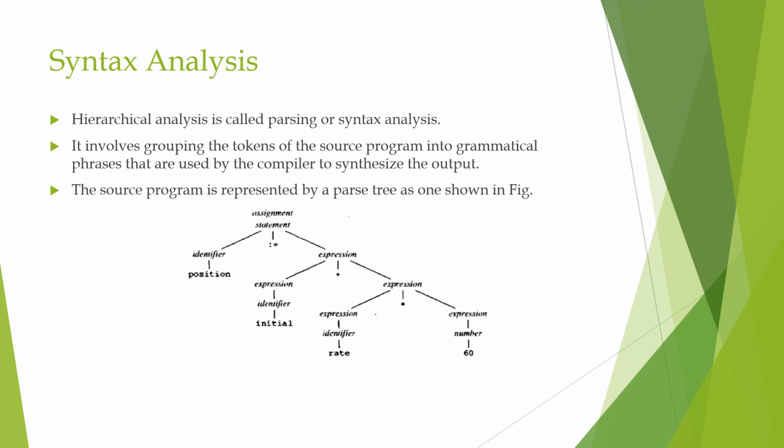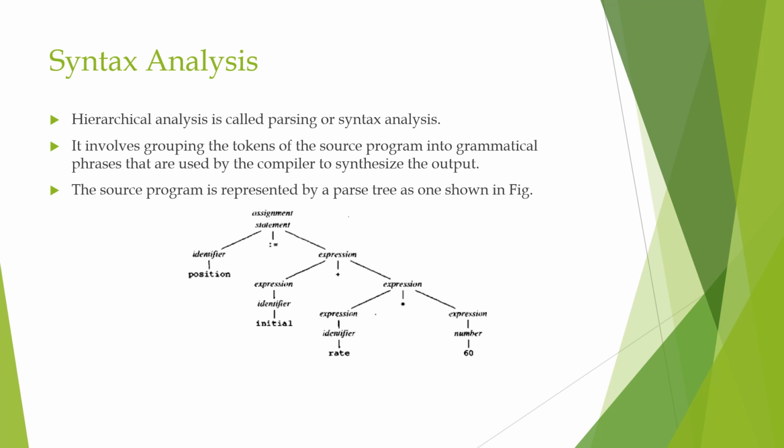The source program is represented by a parse tree. In this phase, it converts into a parse tree. First, it takes the assignment operator, that is the center. So we are taking the assignment operator as the first one. Then position is the identifier on this side. After that comes one star symbol. Then rate, that is the identifier, on this side comes initial.